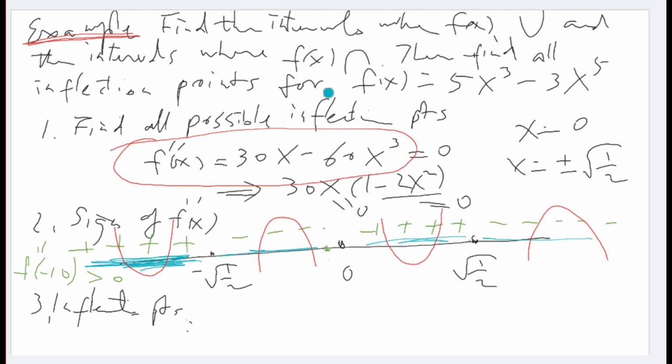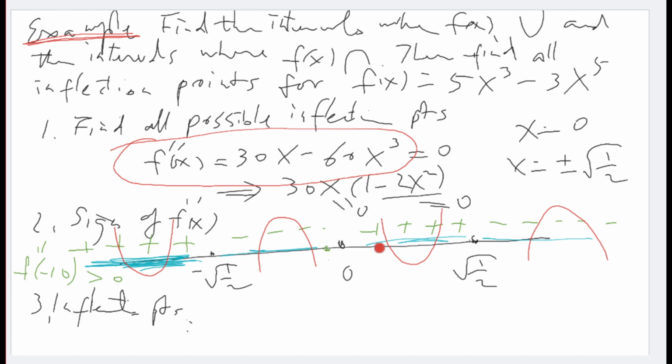Now, with the concavity structure known, we can determine what are called inflection points. Inflection points are points on the graph where the concavity changes. So all we need to do is check the concavity structure and see whether there is any change.